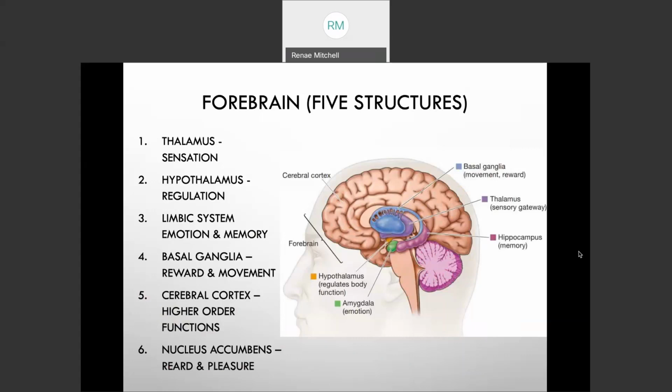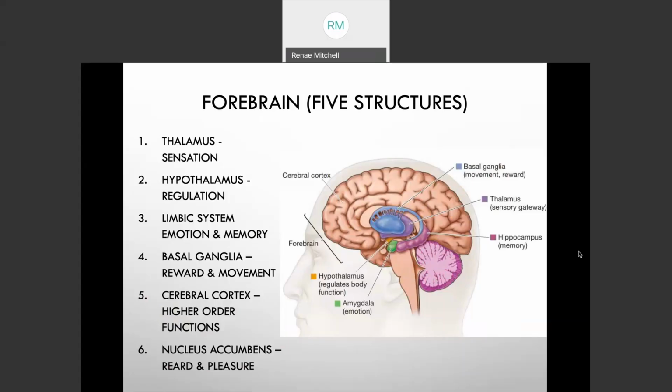And then similarly, you have the hypothalamus. They're located pretty close to each other. And the hypothalamus is regulating body functions in the other direction. So the brain is sending information through the hypothalamus, which is then regulating things like breathing, heart rate, etc., through the rest of the body.